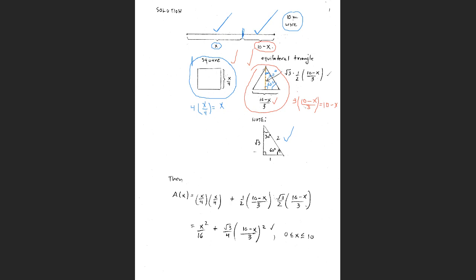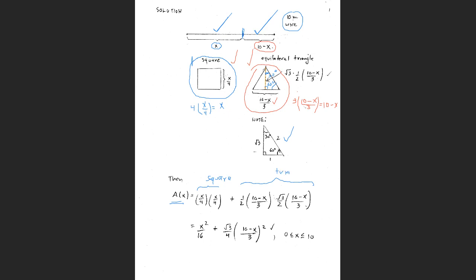And so now I'm able to get the area of the square and the equilateral triangle. So this is the square, length times width, right? And then this part here is the area for the triangle.